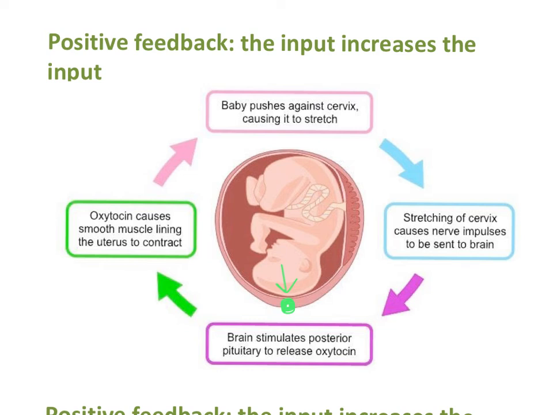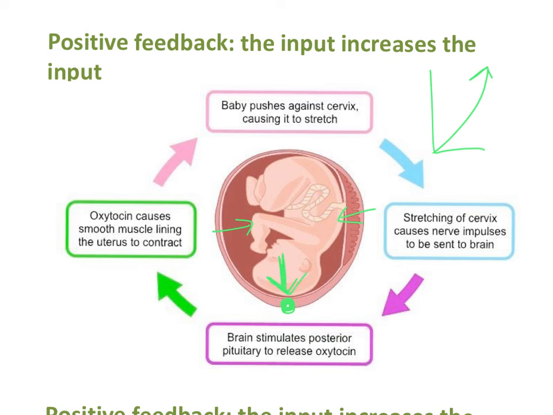In positive feedback, we see an amplification where things become more and more intense. When a woman is in labor, her uterus contracts and squishes in on the baby. That is a contraction. That then causes the baby's head to move downwards.